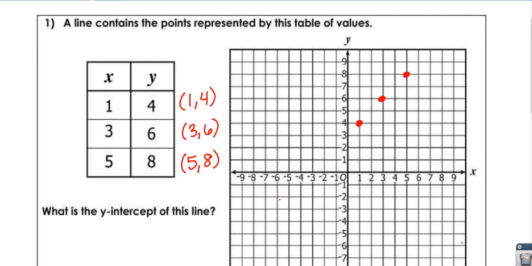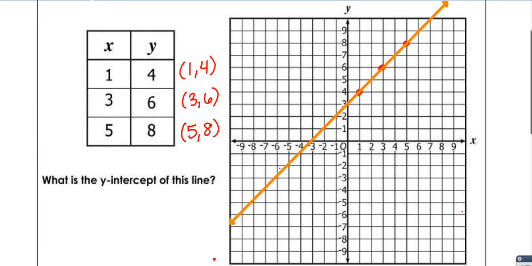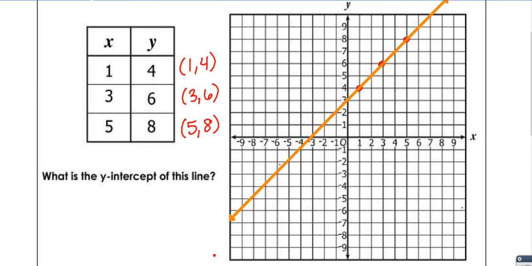Using your ruler, we are going to connect these points with our line, making sure again to extend the line as long as the graph or longer with arrows on both sides. And our last question of the day, at least in this video, it says, what is the y-intercept of this graph?